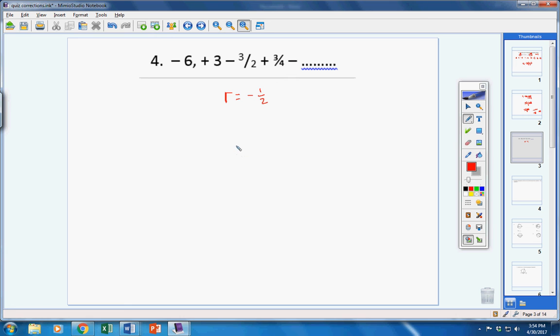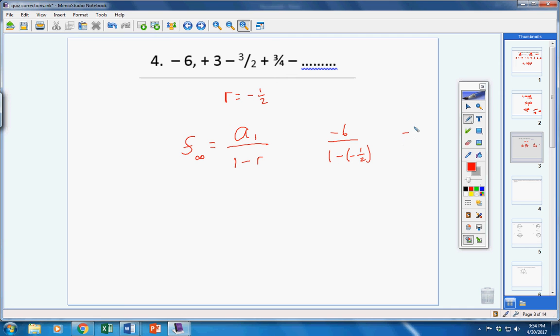There's a formula for the infinite sum. It's a very simple formula. The sum of an infinite geometric series is your first term over 1 minus the common ratio. That's it. So what is your first term? Negative 6 over 1 minus, what is your common ratio? Negative 1/2.